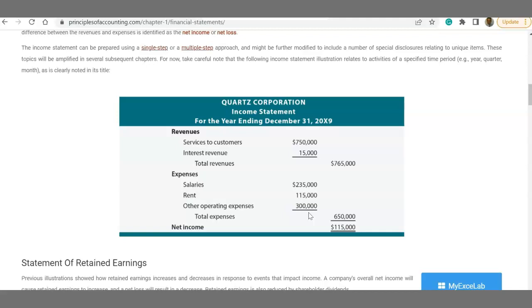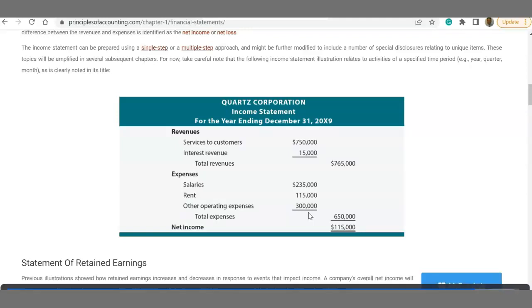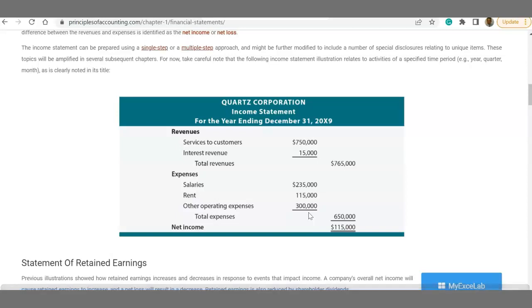I don't care if you paid it or not. Under GAAP, under the accrual method, you record the expense the moment you have the obligation to pay. Let's say people work for you and you have an obligation to pay salaries, you record salaries. This $235,000 salary doesn't mean they paid it. It means they have to pay it.